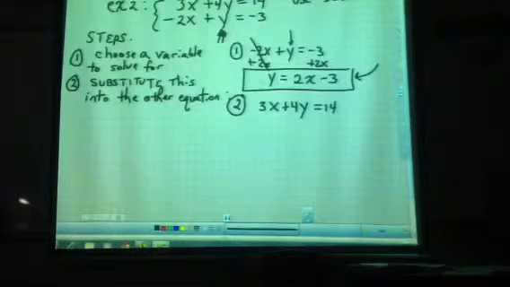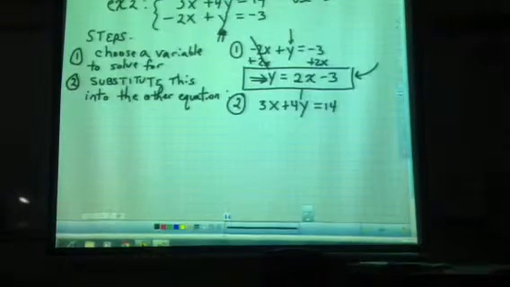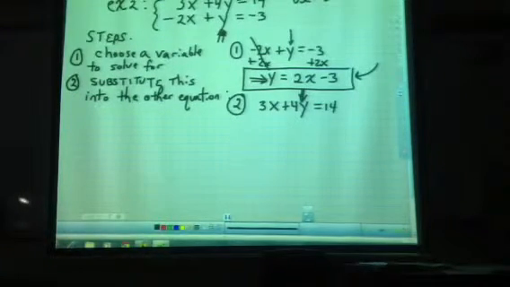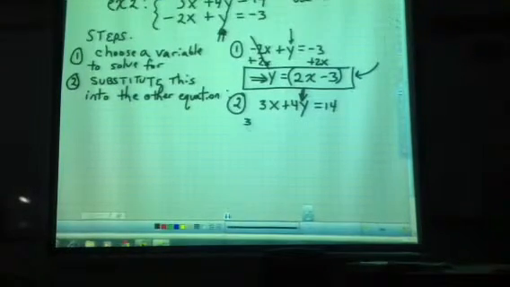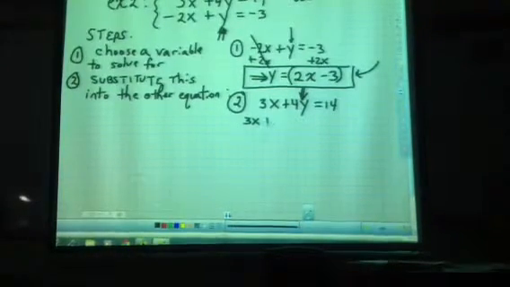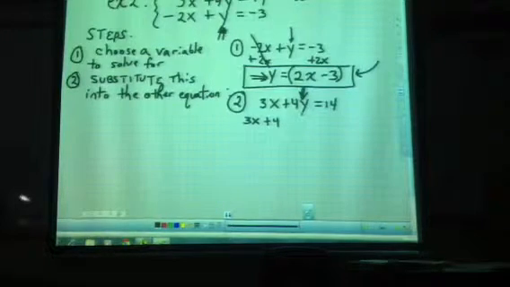Now, do you see how we solved for y over here? And do you see the y right there? Since y equals 2x minus 3, where we have a y in the other equation, just replace it with 2x minus 3. So you rewrite by substituting. You're going to drop down to 3x, you're going to put plus 4, and where you have that y, put an open parenthesis.